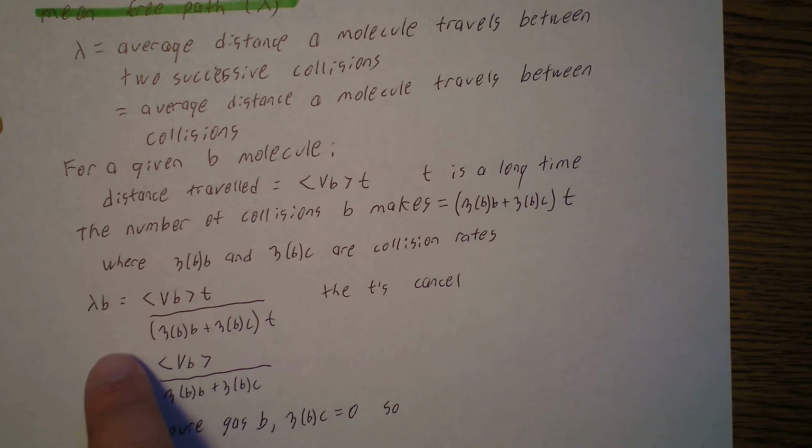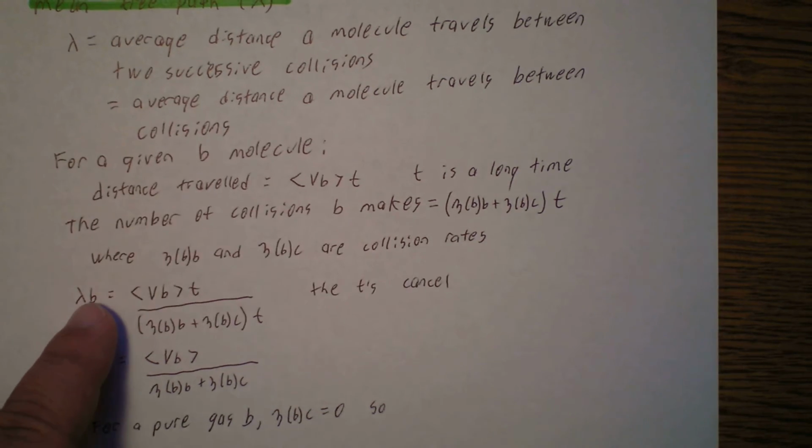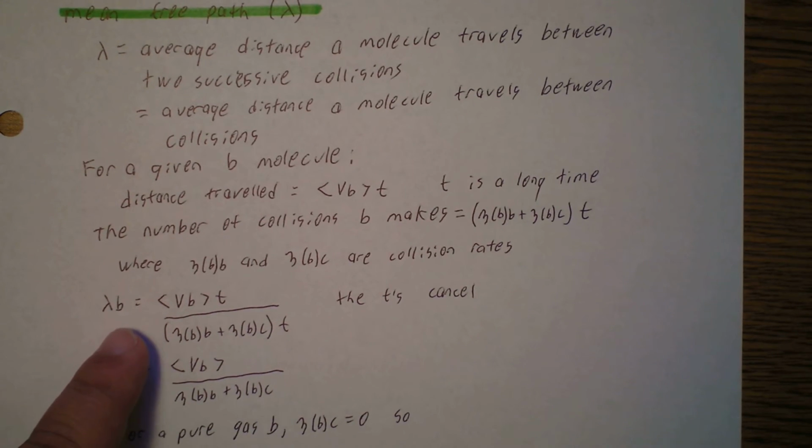So it's B colliding with other B molecules, and it's B colliding with the C molecules. So lambda of B, that's the distance between collisions, is going to be the average speed of the B molecule times time divided by this function times time. Notice time cancels out, so that's why I wasn't too worried about how long of a time. It doesn't matter, it's going to cancel out anyway.